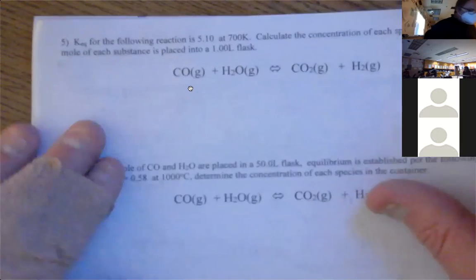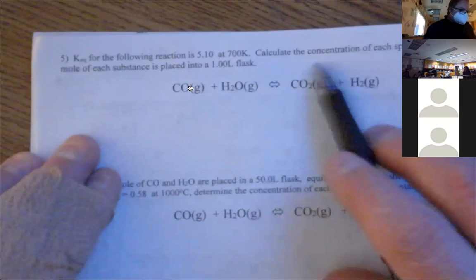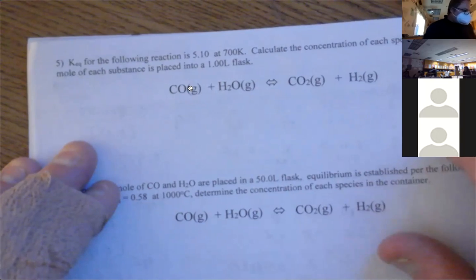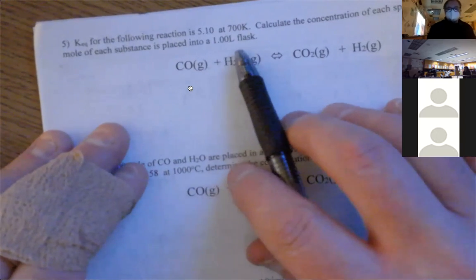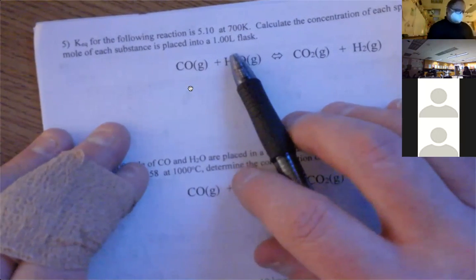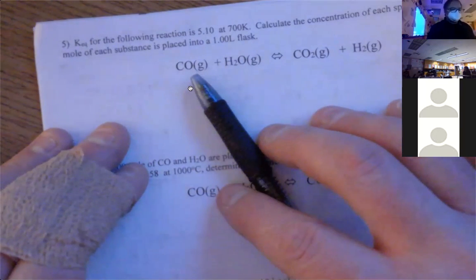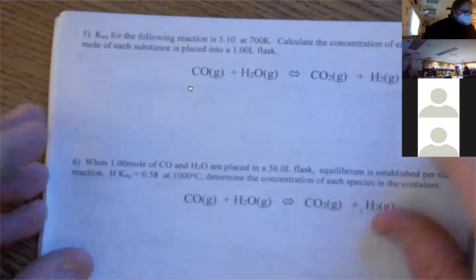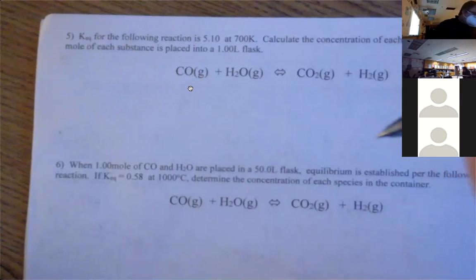Let's do one and calculate the concentration of each species initially. 1 mole of each substance is placed into a 1 liter flask. All right, so let's do a rice table.